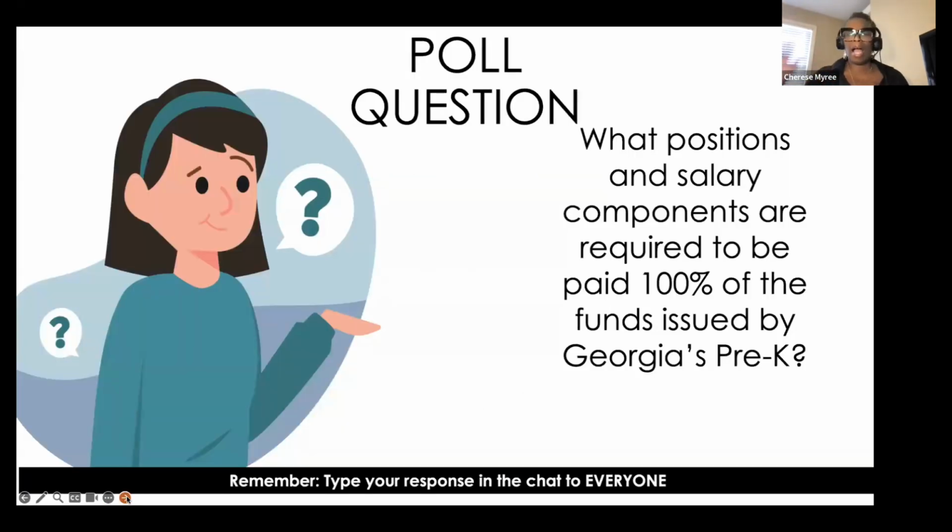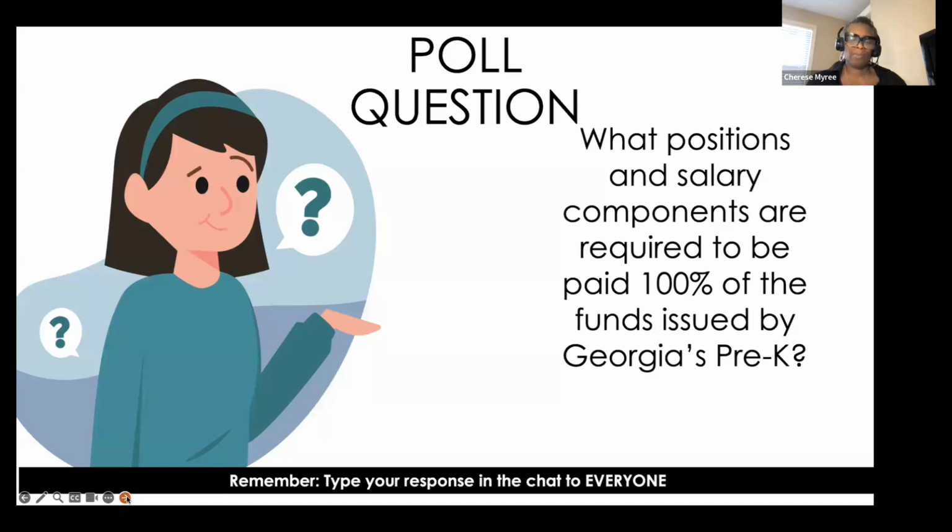So let's see how we've done with laying this information out for you. What positions and salary components are required to be paid at 100% of the funds issued by Georgia Pre-K? So what positions and salary components are required to be paid at 100%?